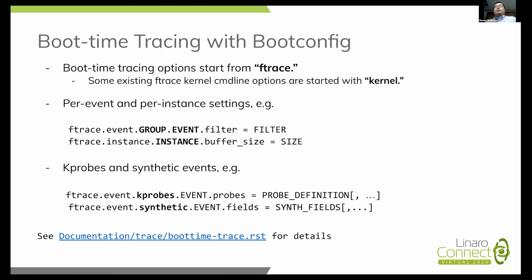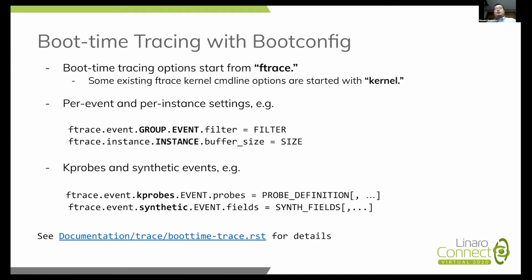So, boot time tracing with the boot config is here. The boot time tracing options in the boot config start with the ftrace dot keyword. But also there are some existing kernel parameters which can be started with kernel dot.